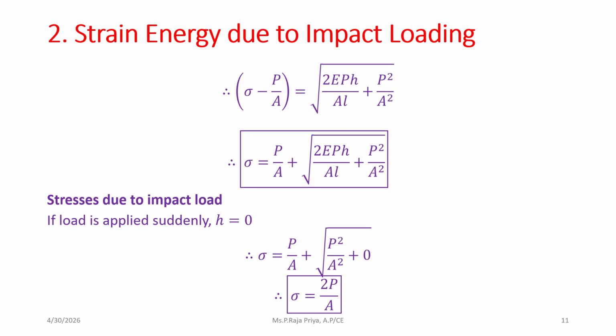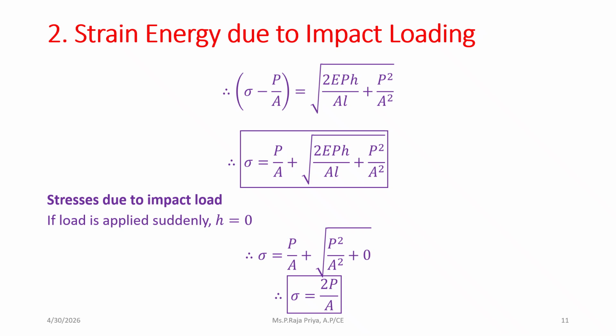In the case of impact loading, if h is equal to 0, what will happen? The impact load will change into a suddenly applied load, because only in impact loading do we have some height, that is the height of fall. So if we take h equal to 0, this impact loading changes to a suddenly applied load.